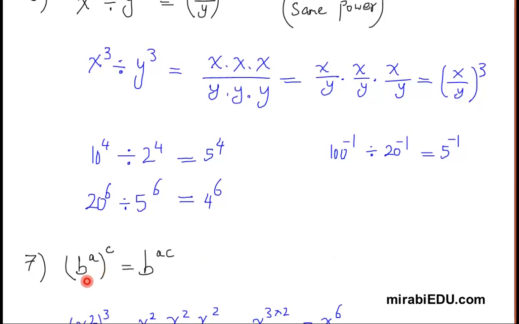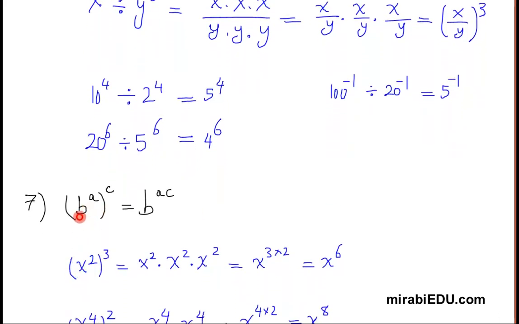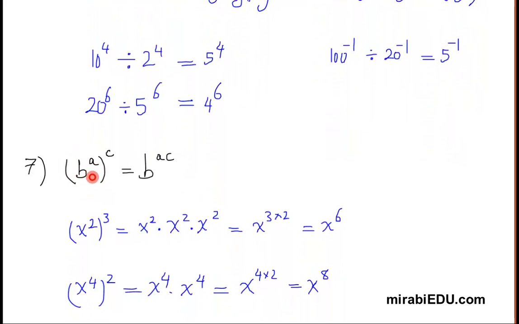The last rule is when you have an exponential number and you bring it to another power. When you have an exponential number brought to another power, you can multiply the powers. So x squared to the third power equals x to the 6, because whatever is inside the parentheses is brought to the third power, so it is multiplied by itself 3 times.